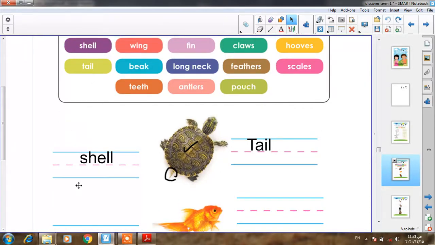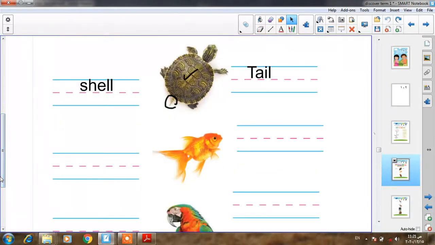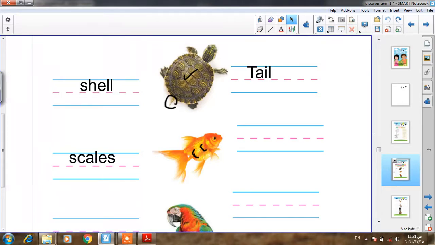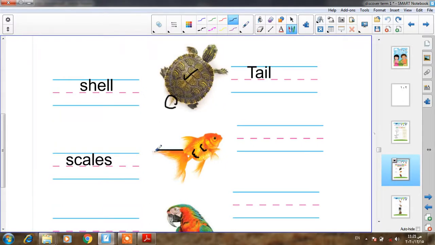Okay, let's continue. Look at this fish. What does this fish have? Remember, on the body of the fish, what is it called? Scales. Excellent. Okay, and also the fish has a fin that helps the fish to swim.